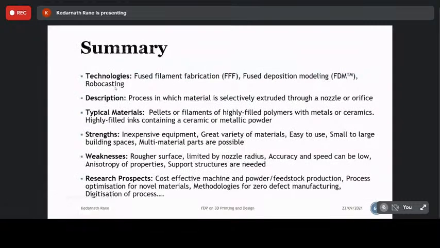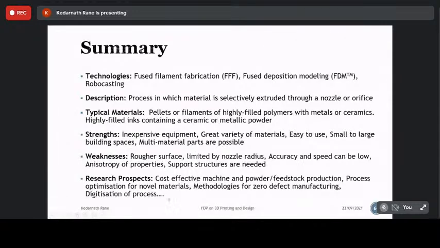I would like to summarize here with the process description. It requires a nozzle and orifice to deposit the material. Any material, in any form, can be processed, but it should be available in pellets or filaments. There are certain merits of the process, and certain weaknesses of the process. We already discussed these merits and demerits, so they are listed here for your reference.